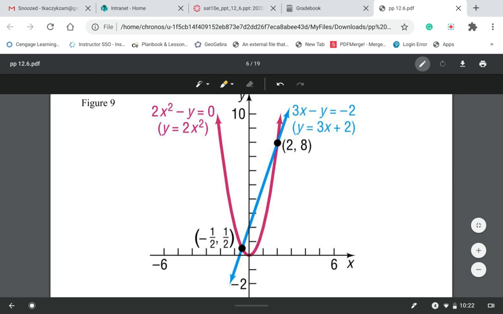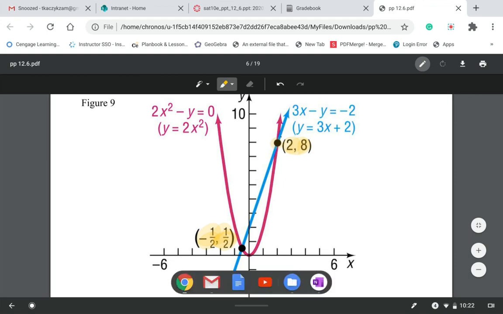This is a quadratic equation. And as you see, those two graphs intersect at 2 points, which are our solution. So we have -1/2 and 1/2 as the first point, and the second point of intersection is 2, 8.